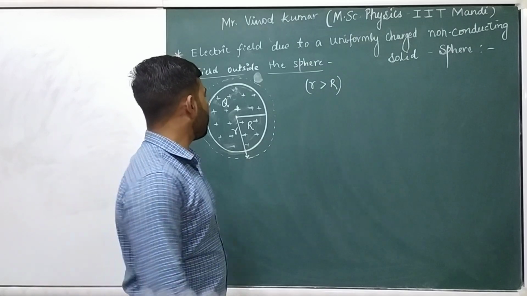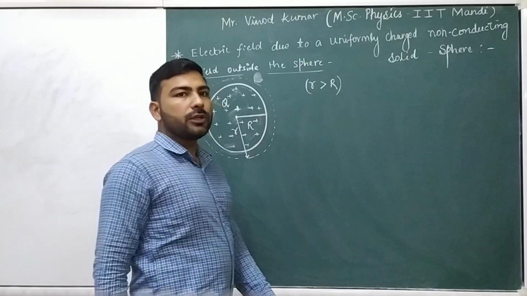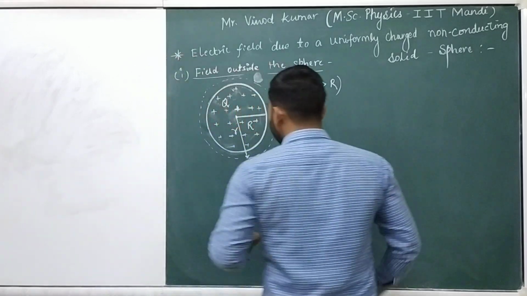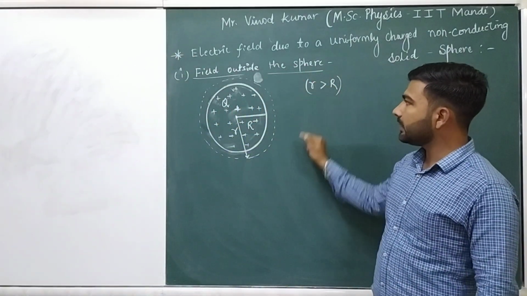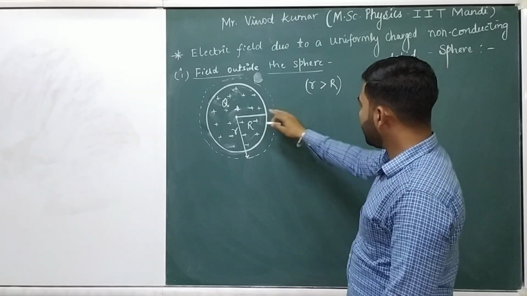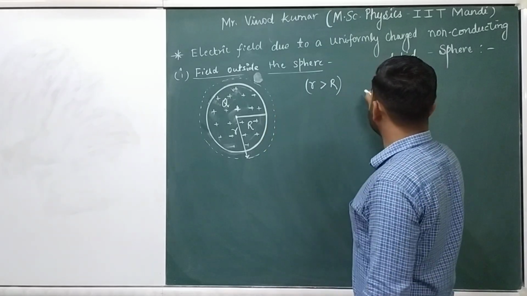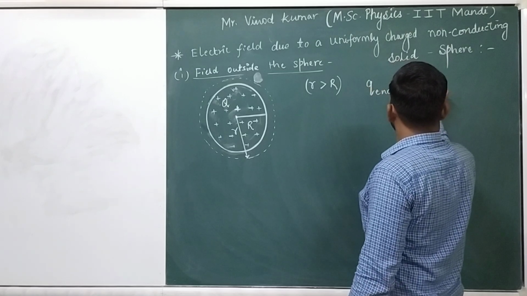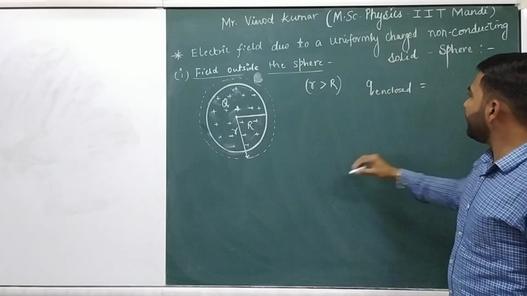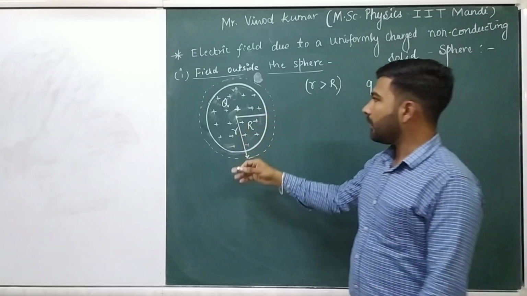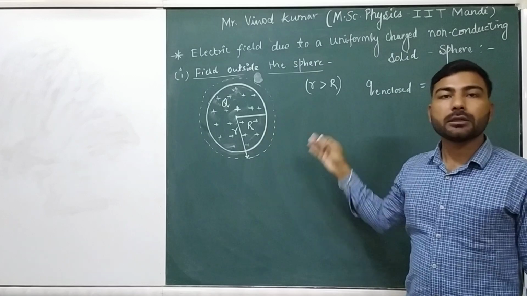Now first of all we should know what the charge enclosed by this outer shell is. We have assumed the outer Gaussian surface, which is a spherical surface. The charge enclosed by this outer Gaussian surface will be the total charge accumulated by the solid sphere.